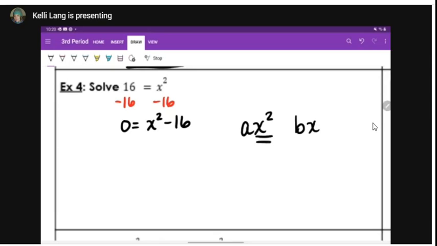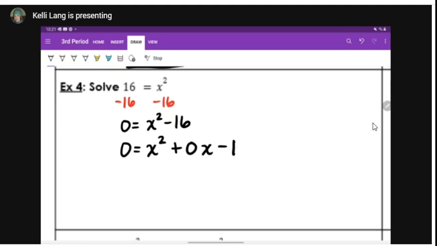Our second term is the one with the x. And our third term is the one that doesn't have any variables at all. So in this example, we have an x squared and we have a 16. It's that middle piece that we're missing, the one with the x. So when we rewrite this, we're going to put a plus 0x in the middle. Thank you for volunteering.